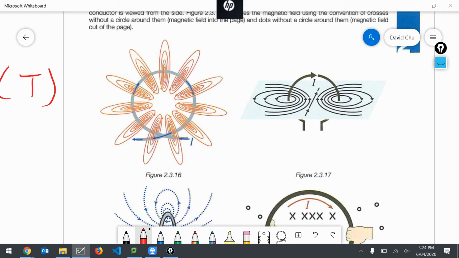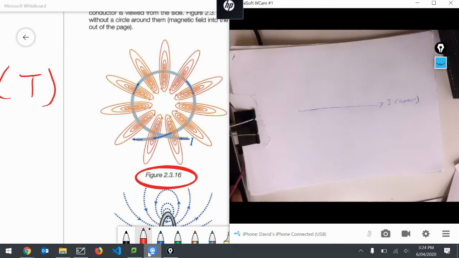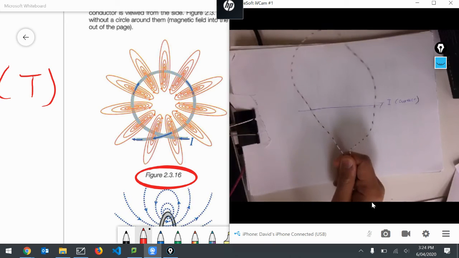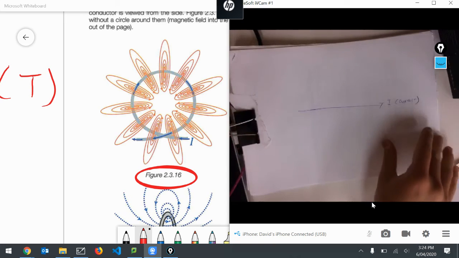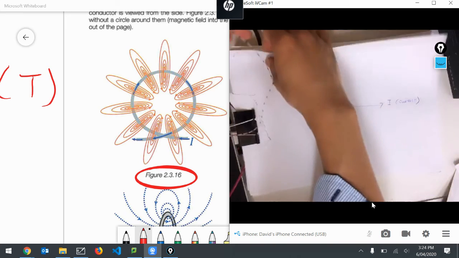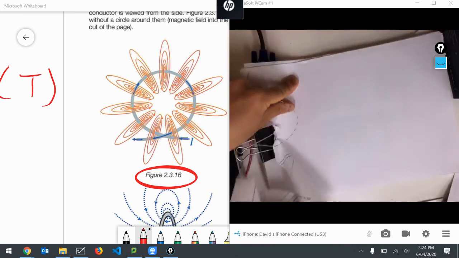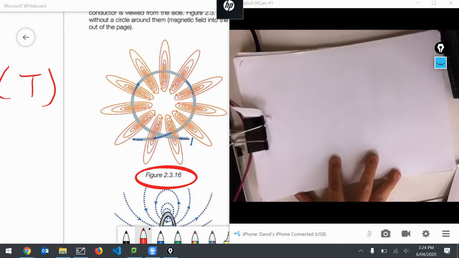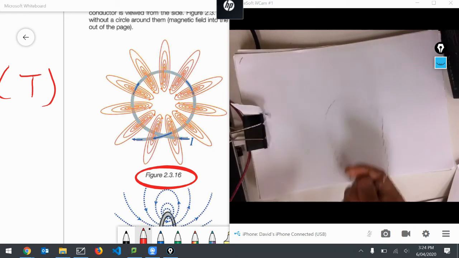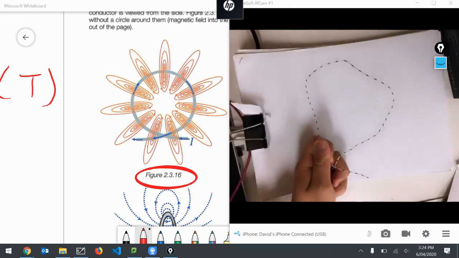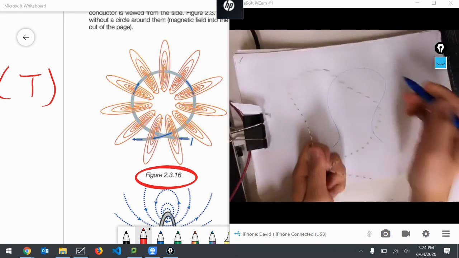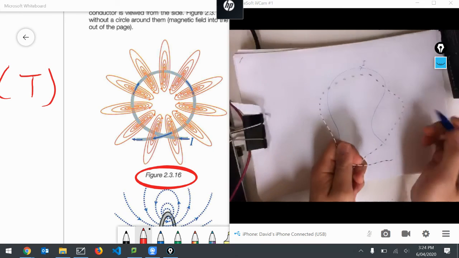In figure 2.3.16, it's showing that if you make the wire into a loop like this, and if I draw it, it's going to look like this, and I just say current is going in that direction.